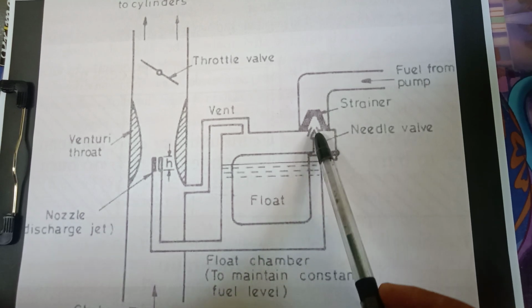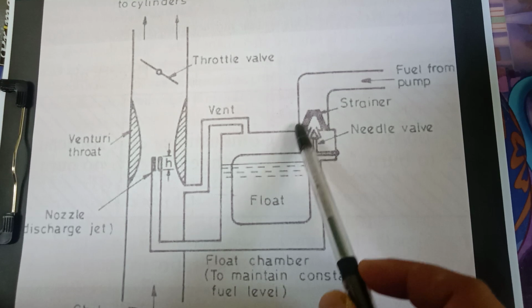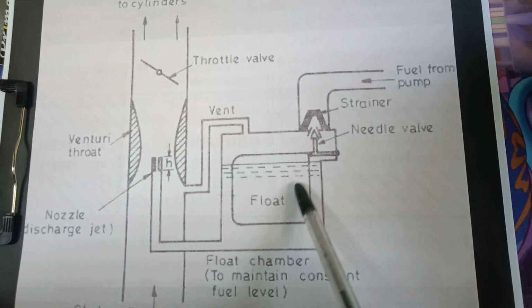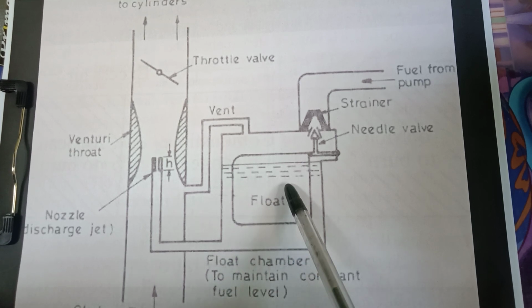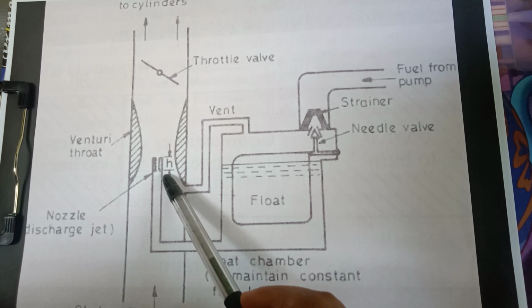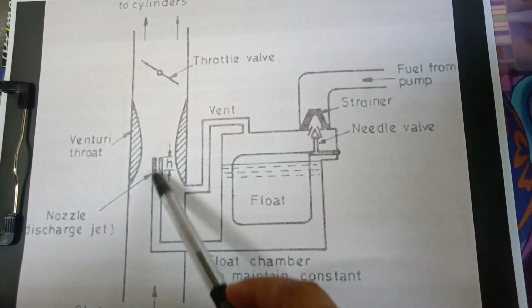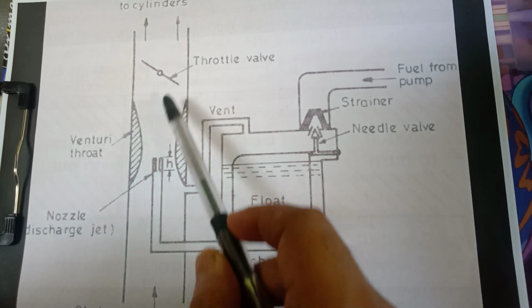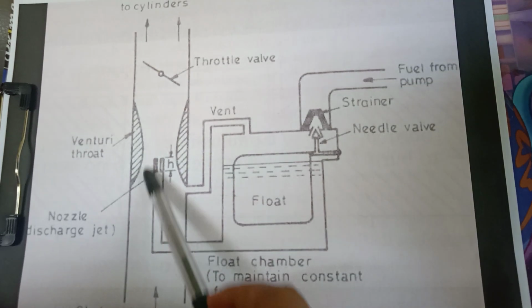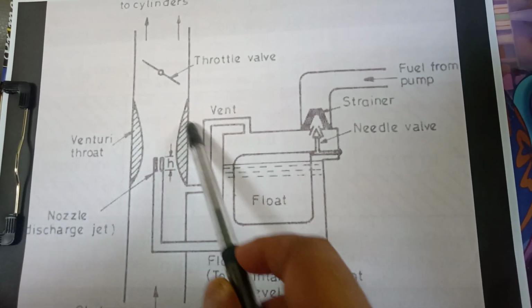This is a needle valve, and this is the float chamber, in which the fuel first comes from the tank and is stored. Then, after this float chamber, this is the nozzle or discharge jet of the carburetor, and this complete thing is called the venturi or throat.